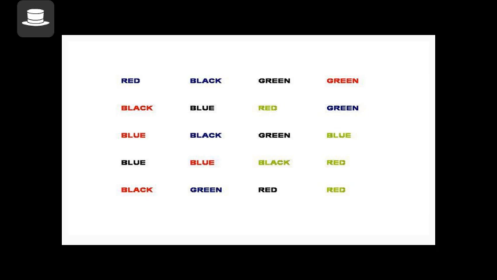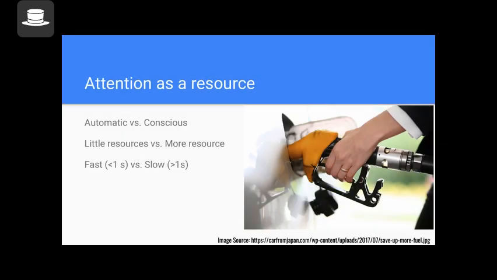But if you practice, you can also read the colors as quickly as you read the words, but it needs a lot of practice. So the idea is that an automatic process requires fewer resources and is usually fast, typically less than 1 second, whereas conscious processes require more resources and those are slower.